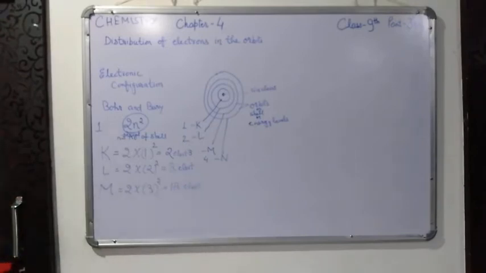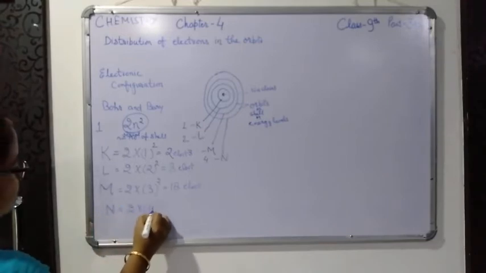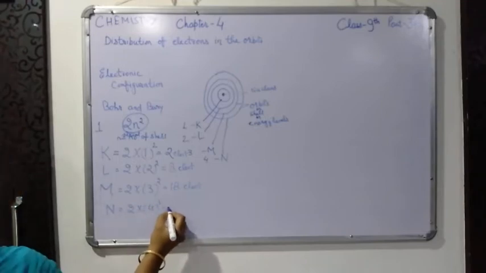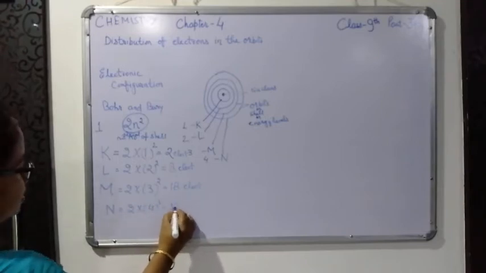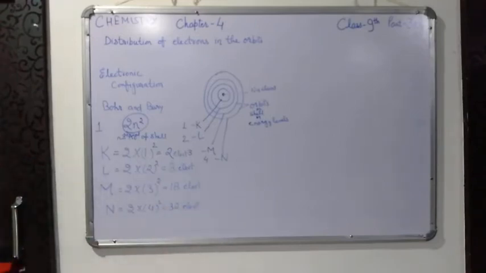Now the last one is N, 2 into 4 square, that will be 32 electrons.